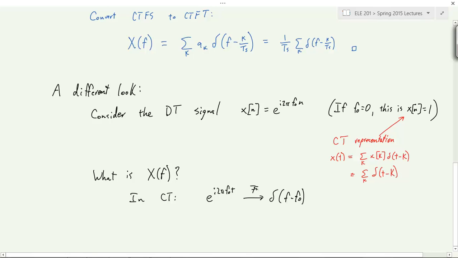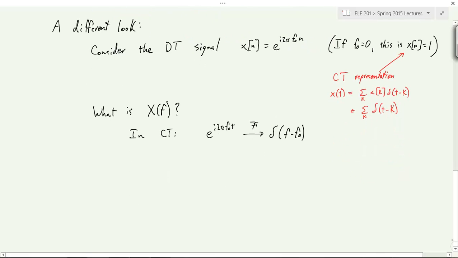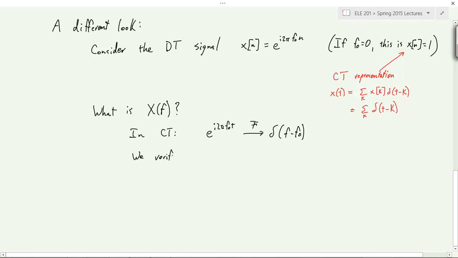And how do we verify that? Well, we always do it in the direction away from the delta function. So we verify with the inverse here. Plug that into the inverse Fourier transform, and you'd get this relationship.